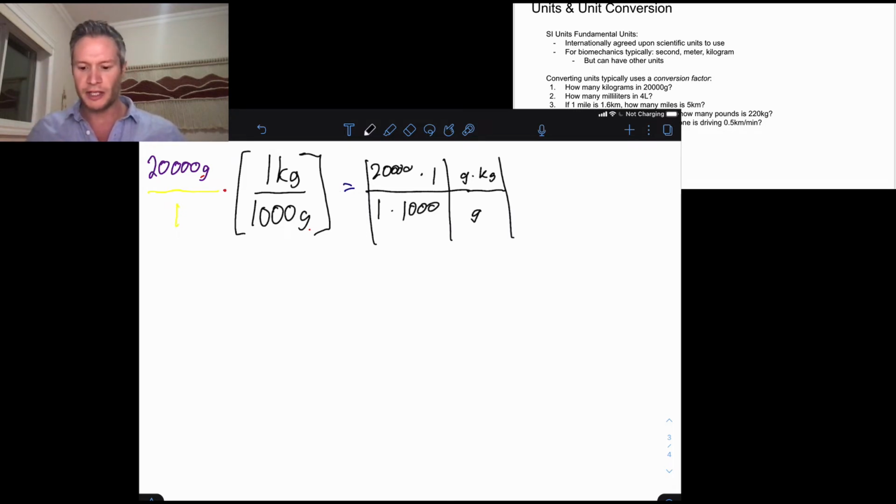So when we really look at this, we can say gram over gram. Well, anytime you have something over itself, it just equals 1, and anything times that is equal to whatever number you multiplied it by.